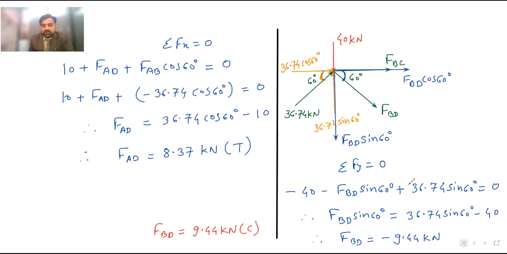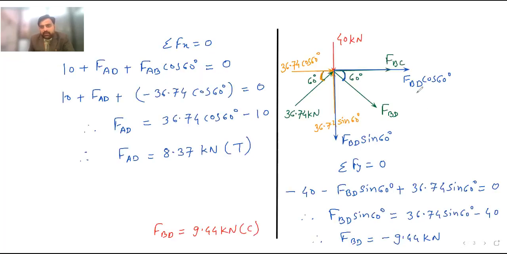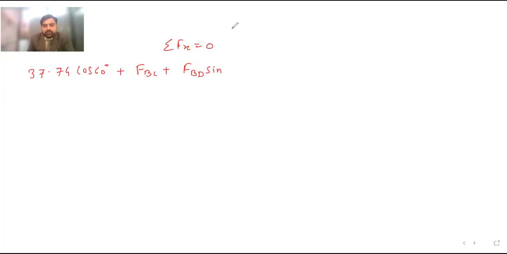So now here I will apply summation Fx equal to 0. If you apply summation Fx equal to 0, then it is 36.74 cos of 60 plus FBC plus FBD cos 60 is equal to 0.